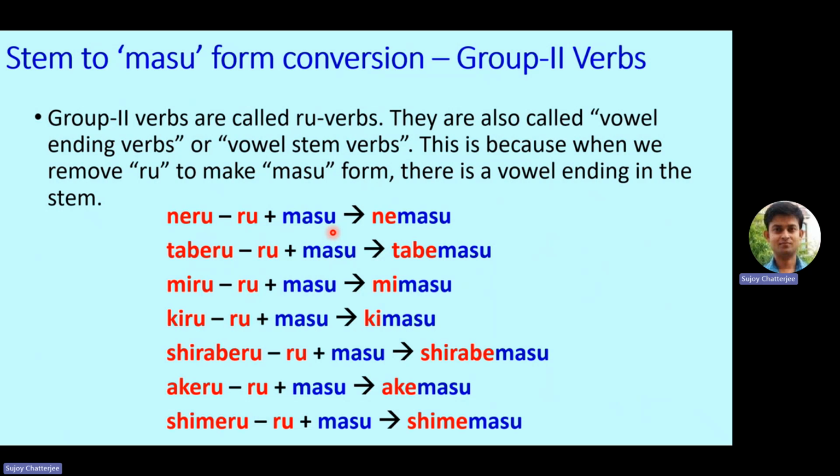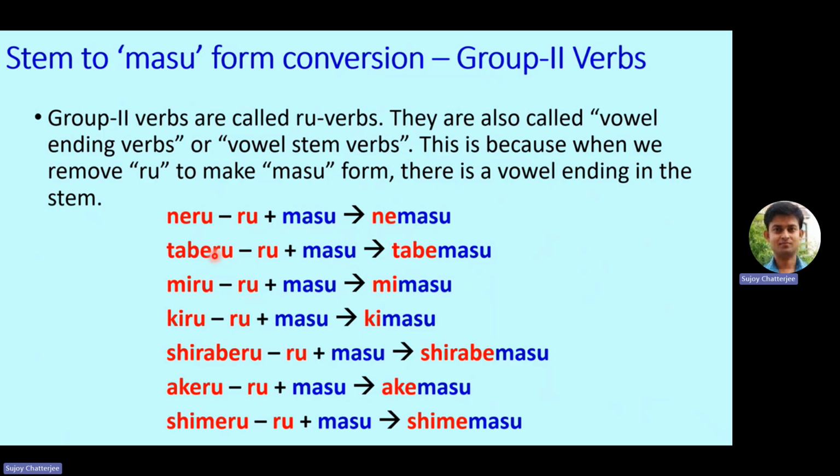Taberu becomes tabemas, because from taberu we remove the ru and simply add mas. You can see the color coding. Neru, we remove the ru and that gives ne, because only the ne is remaining here from neru, and then we add mas, nemas.